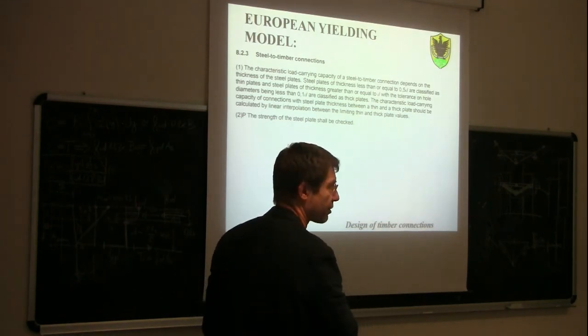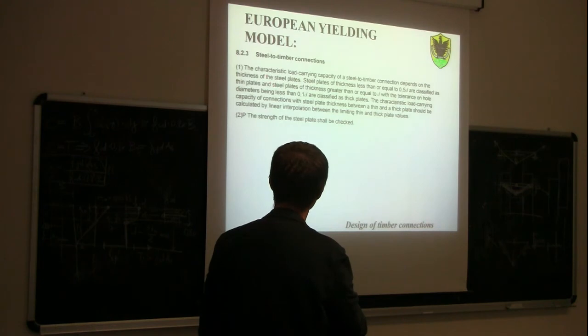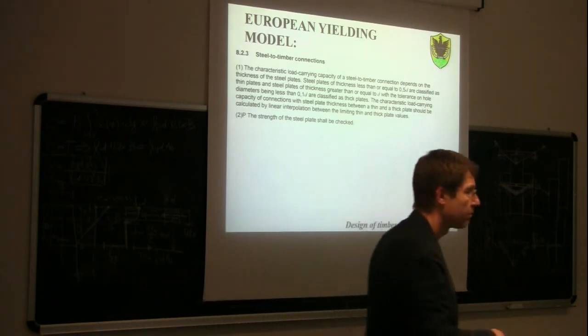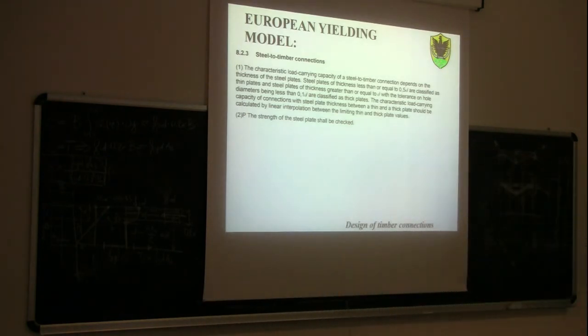Characteristic load carrying capacity for steel to timber connections depends on the thickness of the steel plates. So it's not the same to have a very shallow steel plate or a very thick steel plate. The failure mechanism may be different. So steel plates of thickness less than or equal to 0.5 d are classified as thin plates. So, what does it mean?